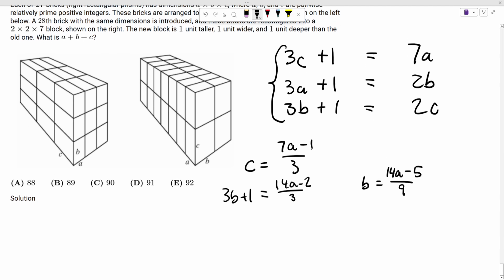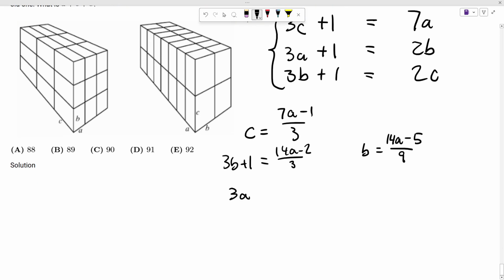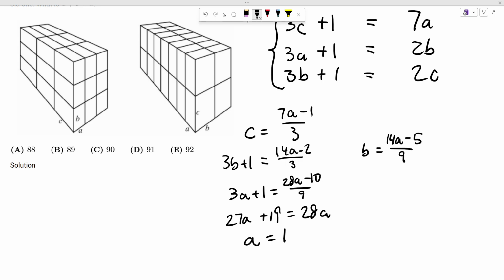And now we can plug this into the second one. 3A plus 1 equals (28A minus 10) over 9. So multiply both sides by 9. 27A plus 19 equals 28A. So that means A has to equal 19.